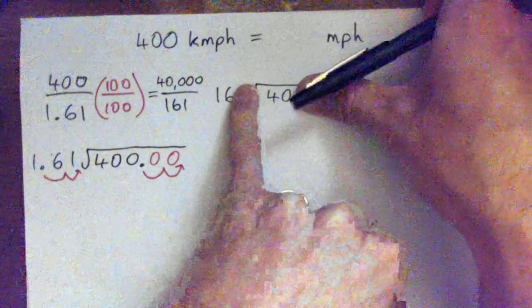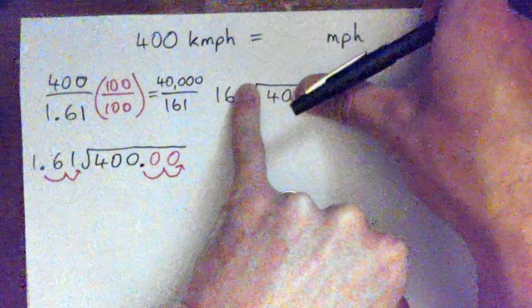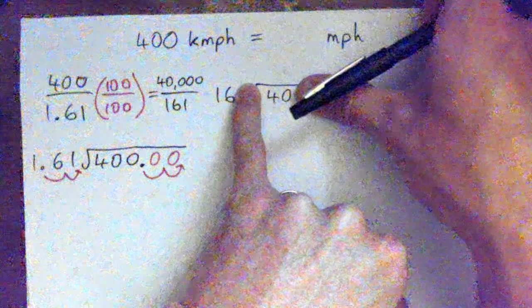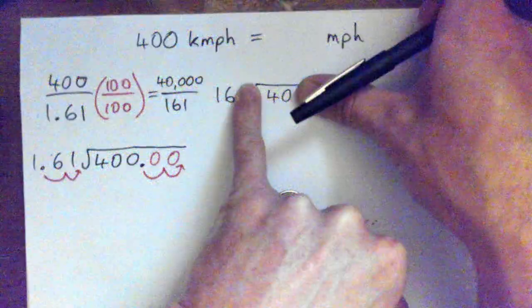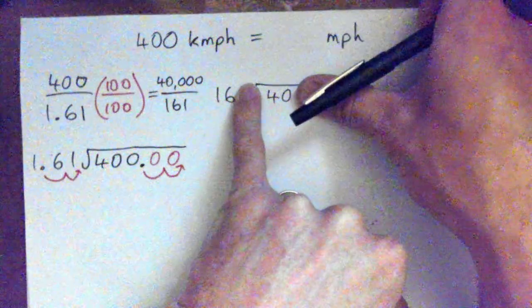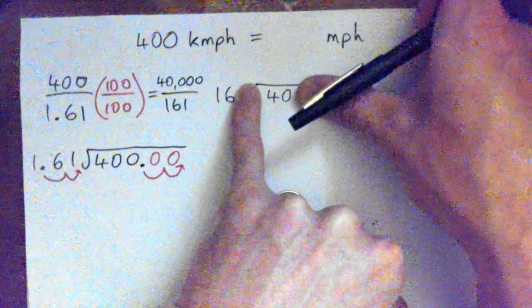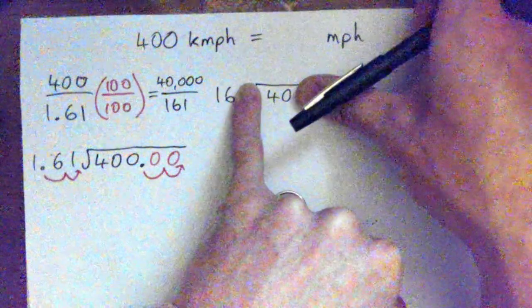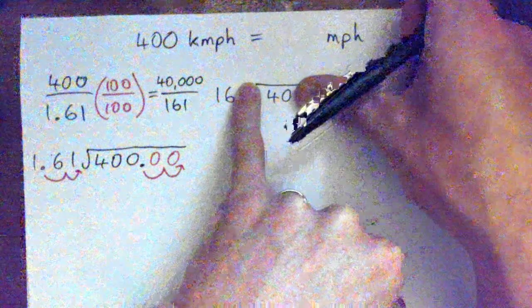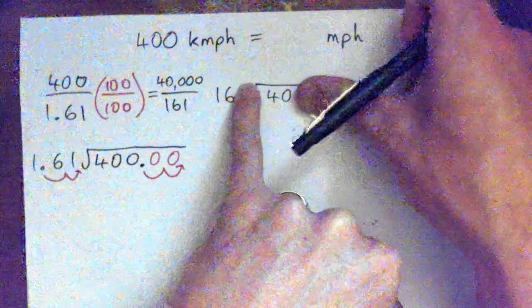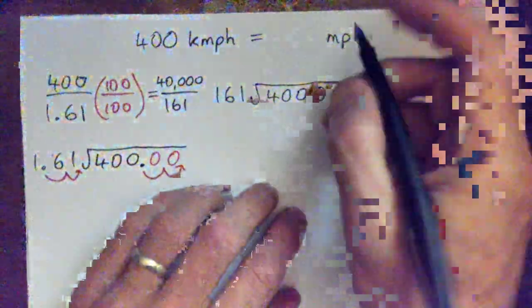Okay, well, 16 into 40 goes how many times? About twice, because 2 16s is 32, let's say. So I'm going to guess 2 times.